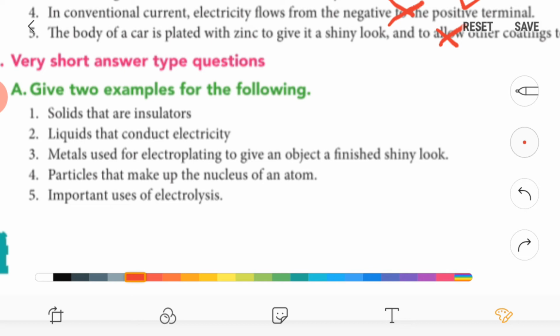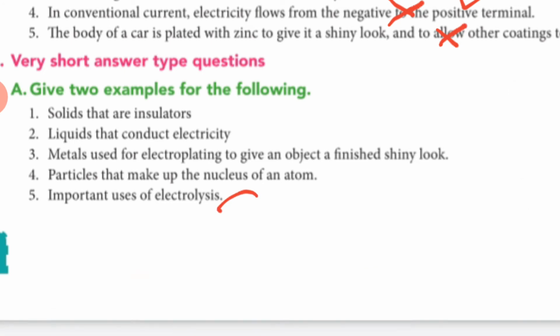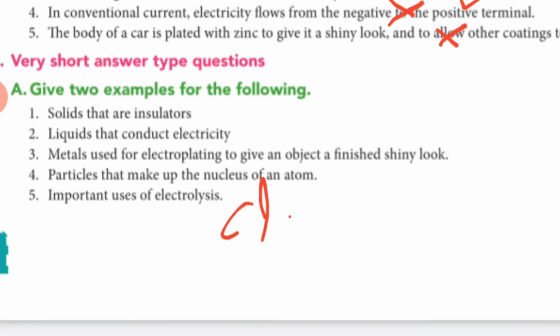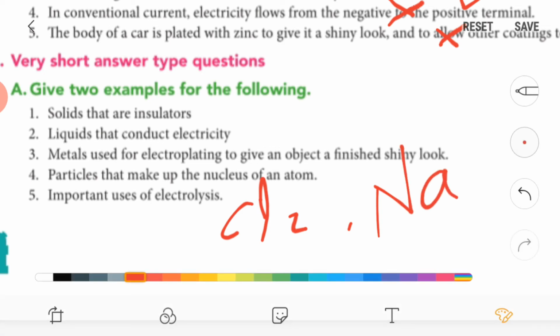Fifth one, important use of electrolysis. It is useful for the production of chlorine, that means Cl2 gas, and sodium metal. It is also useful in refining of metal.